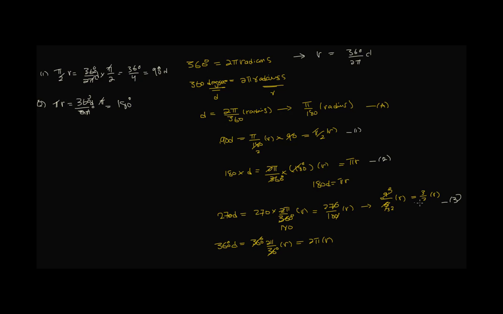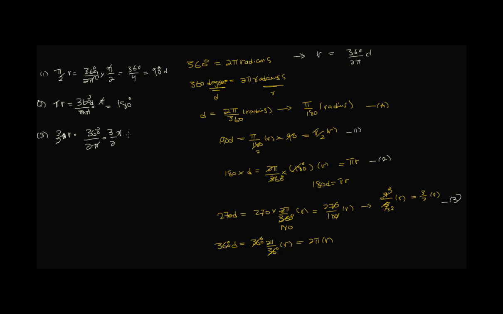Similarly, for the third one, we can take 3 pi by 2 radians, and 360 divided by 2 pi multiplied by 3/2 pi.